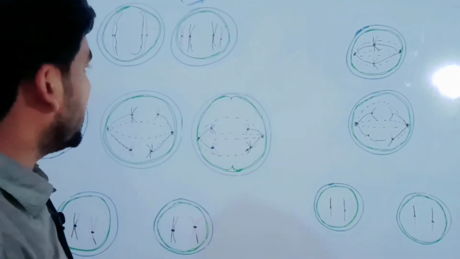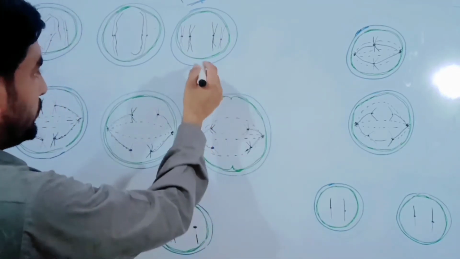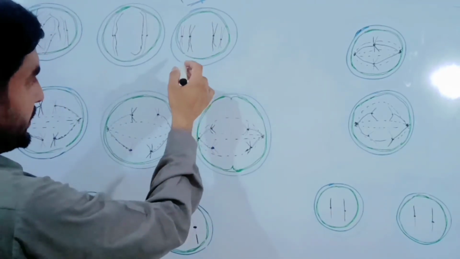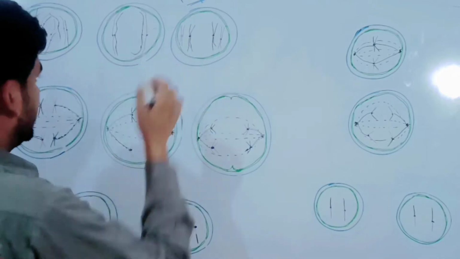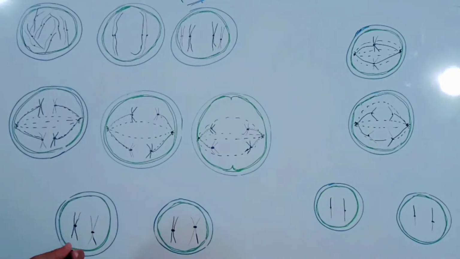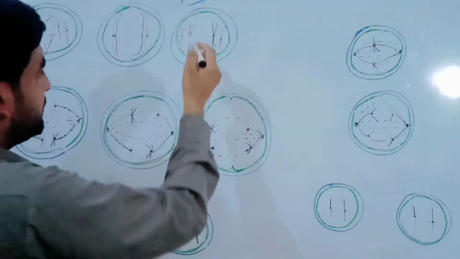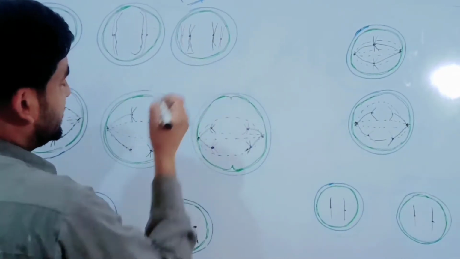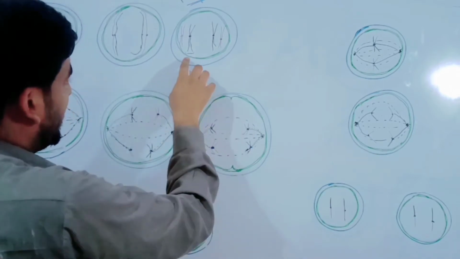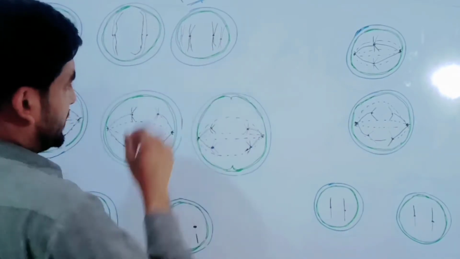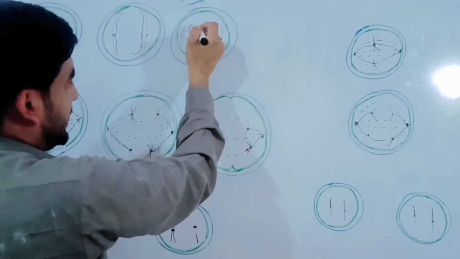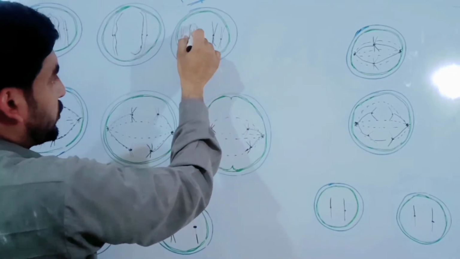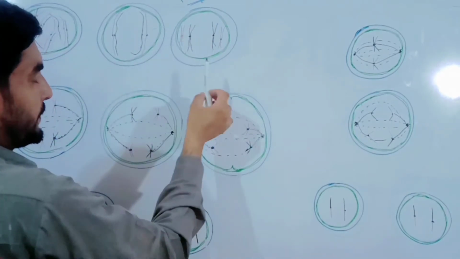After this pairing of chromosomes, they have formed pairs. Let's see their individual structures. This is the pair of chromosomes, and this is a pair of chromatids. This one is a chromatid, and these two are the two chromatids of a chromosome.